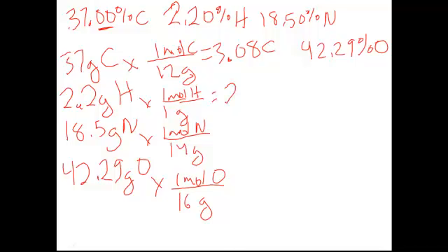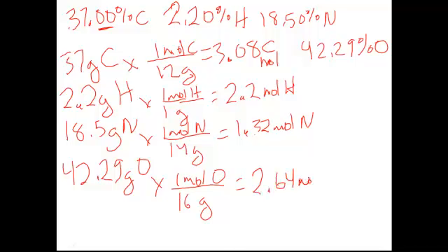Hydrogen, 2.2 moles of hydrogen. Forgot to put moles up there. 18.5 divided by 14 equals 1.32 moles of nitrogen. And then oxygen, 42.29 divided by 16 equals 2.64 moles of oxygen. So percent to mass, mass to moles, divide by small.